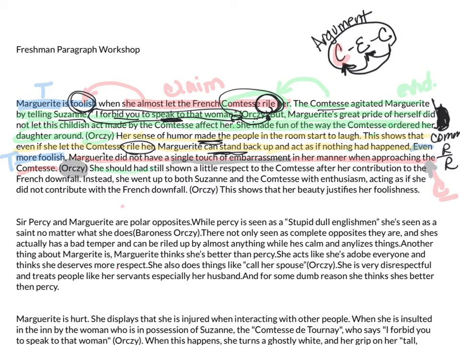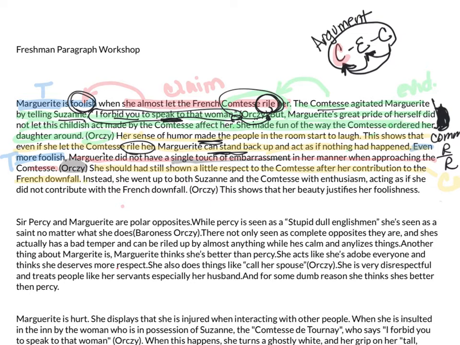"She should have still shown a little respect to the Comtesse after her contribution to the French downfall." I changed that to yellow highlighting because really that is acting like commentary. It's contrast reasoning because it's telling me what should have happened but what really didn't happen.